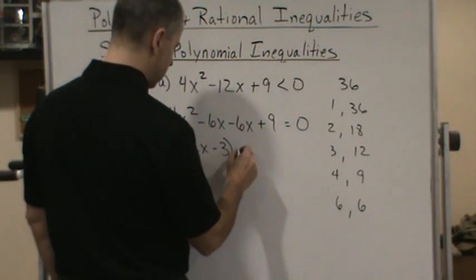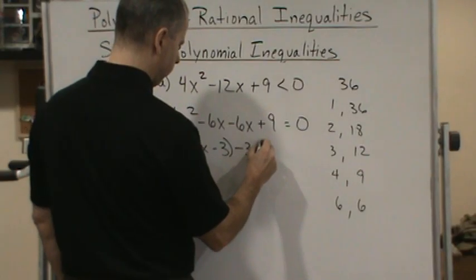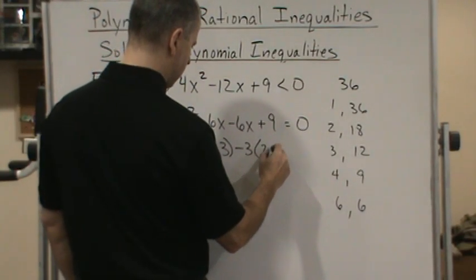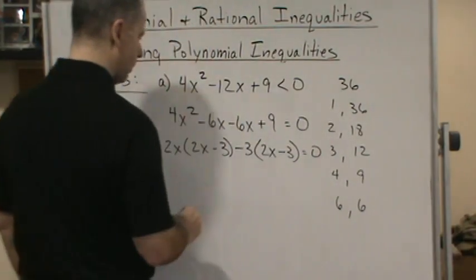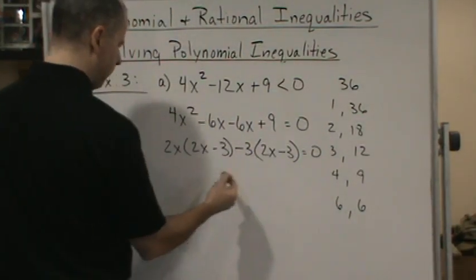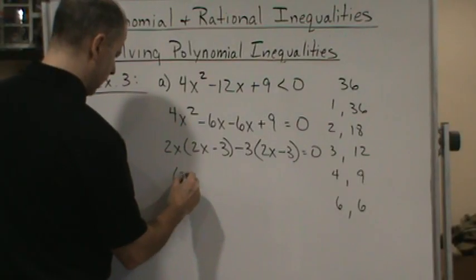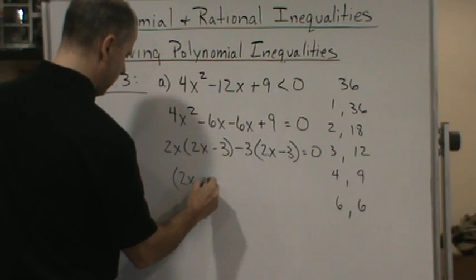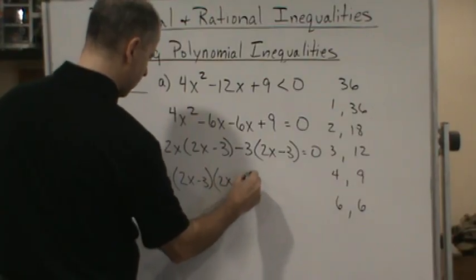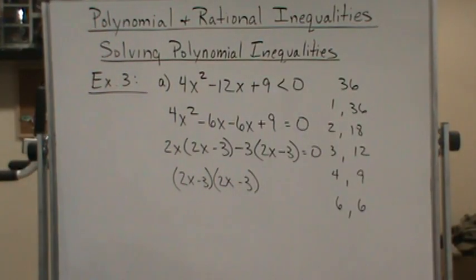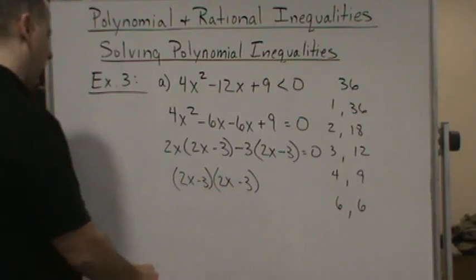That'll give us 2x minus 3 is equal to 0. And again, we've got a common factor. So if we factor out the 2x minus 3, that'll leave us the other factor of 2x minus 3, which is a perfect square.